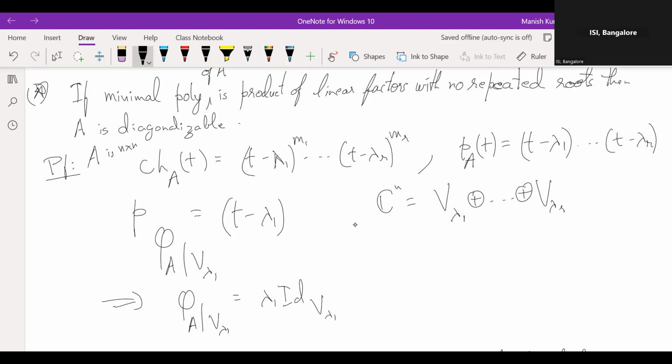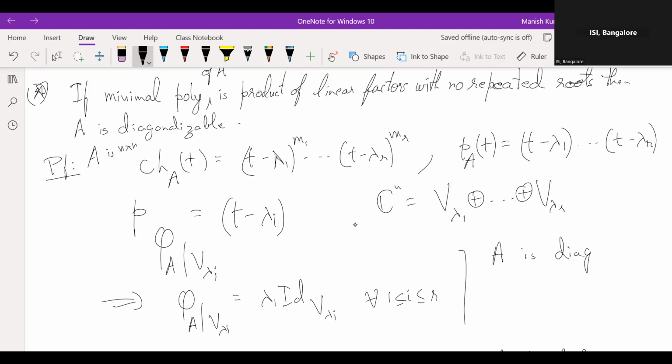So it's multiplication by lambda 1. This is true for all i between 1 and r. So you can use all the results, and this tells you that A is diagonalizable.